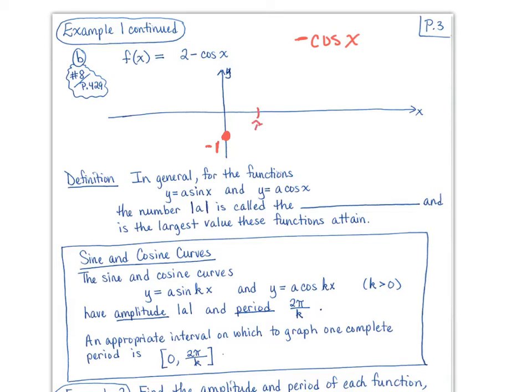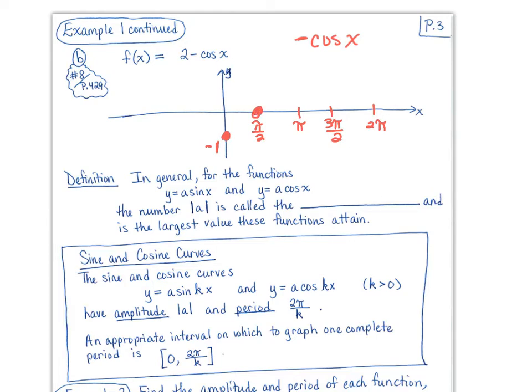I'm going to write down specific x values and we'll find the corresponding y. What's cosine of pi halves? 0 times -1 is? 0. Good.